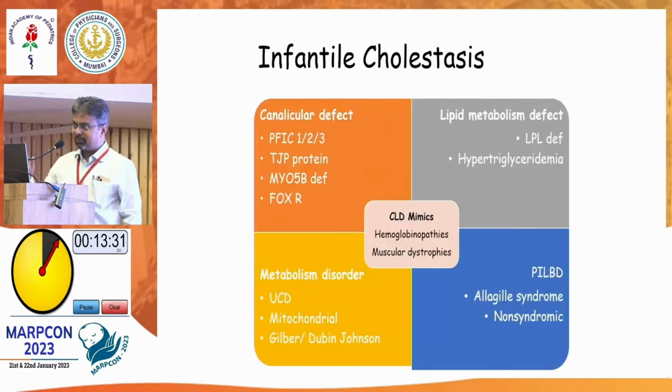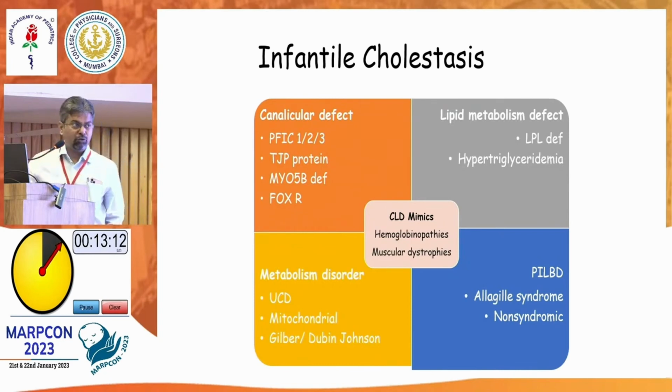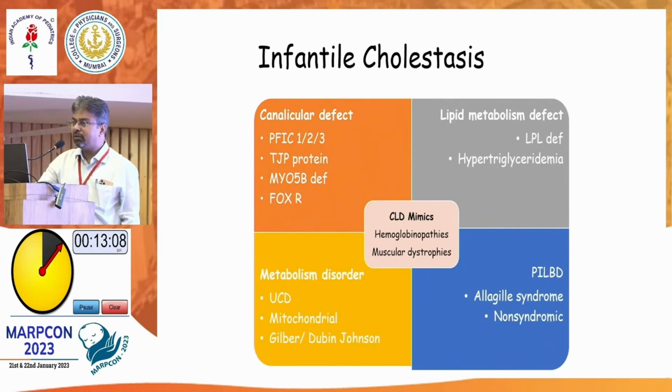So we all know this is a cholestatic disorder. When I speak about infantile cholestasis and have to investigate these children, I have to know the etiology. One is the canalicular defect, what we call a BSEP defect, or FIC1 defect, or the MDR3 defect. There are new things coming up, like the TJP protein defect, then the MYO5B defect, or the FXR ligand or inhibitor.